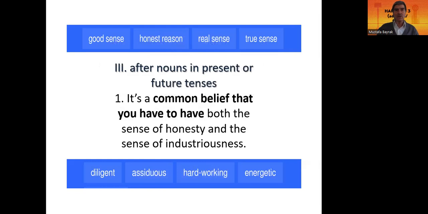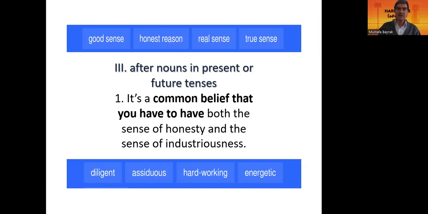Now, good sense. It must be a good expression. Honest reason, real sense, true sense, diligent, assiduous, hardworking, energetic. What are they about? What is the connection between the dialogue and those two groups of words?